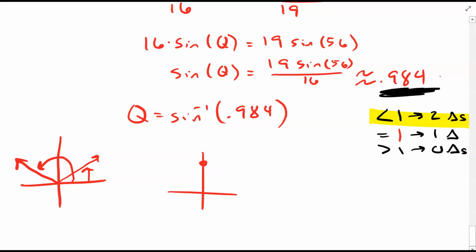I'm going to get 2 answers for that angle. If that answer is equal to exactly 1, I'm going to get 1 triangle. It's a right triangle, and I could actually use the Pythagorean theorem and SOHCAHTOA and all that on it, since now I know it's a right triangle. And if that number is bigger than 1, I'm done. There's no triangle possible with those measurements. Is everybody okay with that idea?